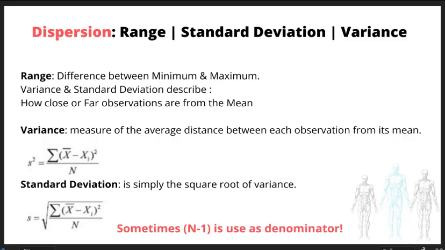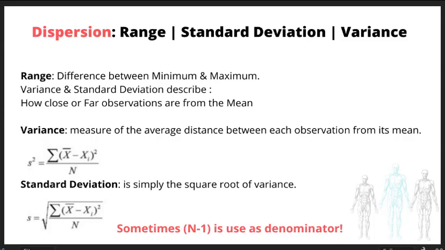Variance and standard deviation are closely related. In other words, variance is a measure of the average distance between each observation and the mean. So it shows the dispersion from the mean, how far the observations are from the mean. It shows the dispersion mathematically.